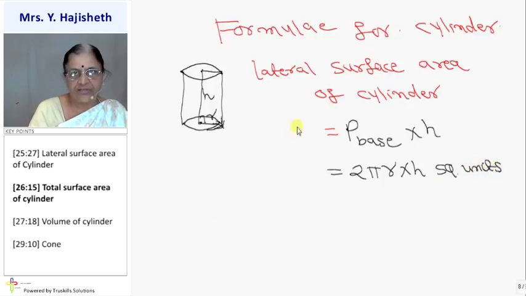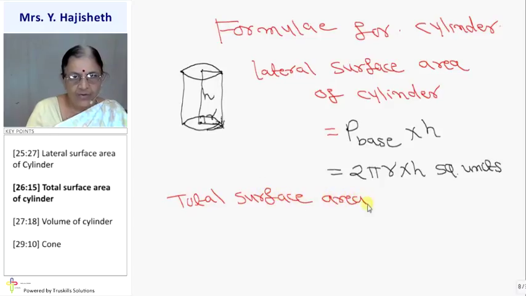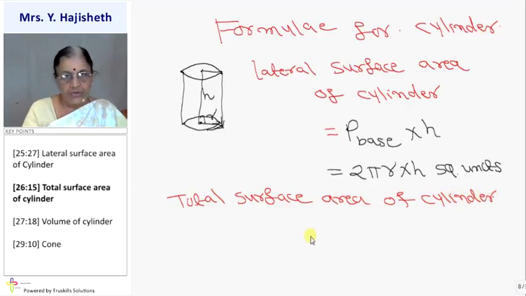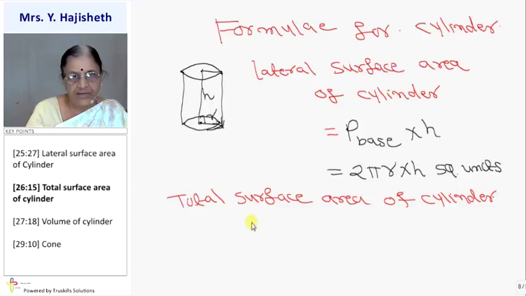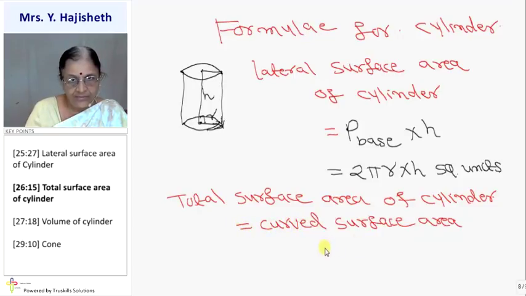Now total surface area of cylinder. What is the total surface area of cylinder? All these formulae you have to remember, and then you are able to do these sums. Total surface area of cylinder is curved surface area plus area of base plus area of top.